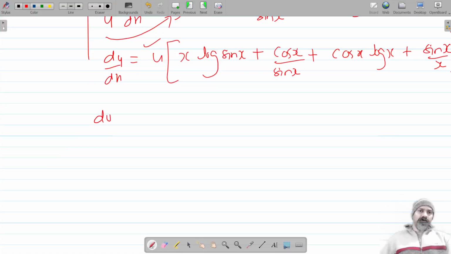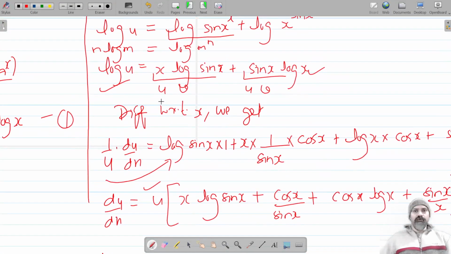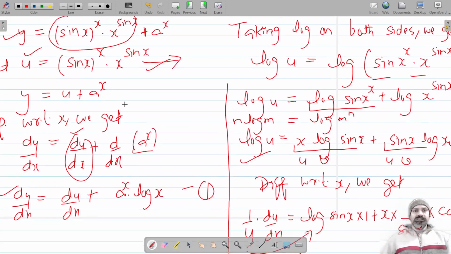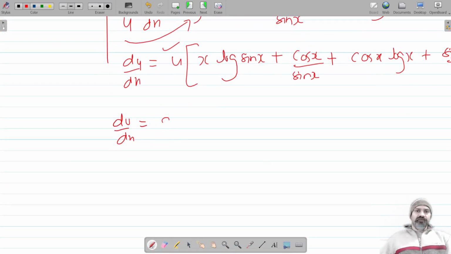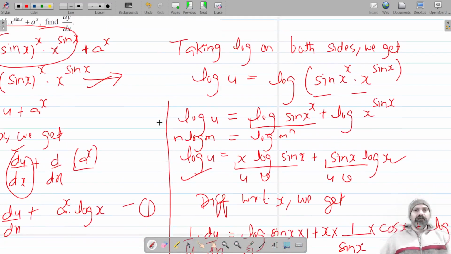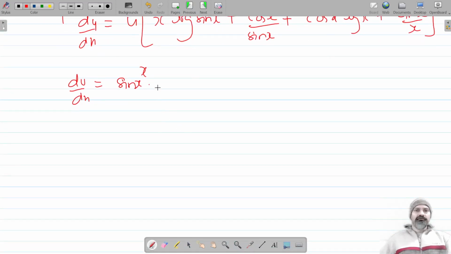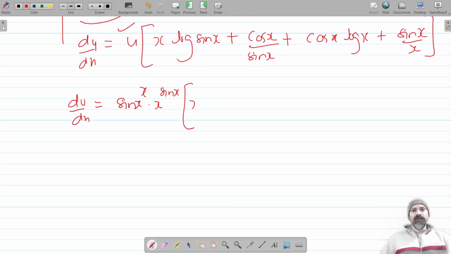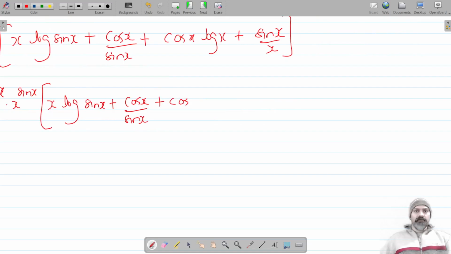Replacing the value of u, so du by dx is equal to u was sine x raised power x, so this is sine x raised power x into x raised power sine x, into x log of sine x plus cos x upon sine x plus cos x into log x plus sine x by x.